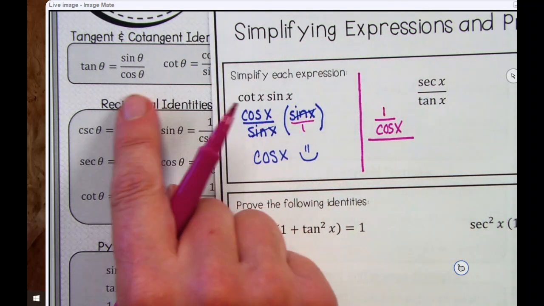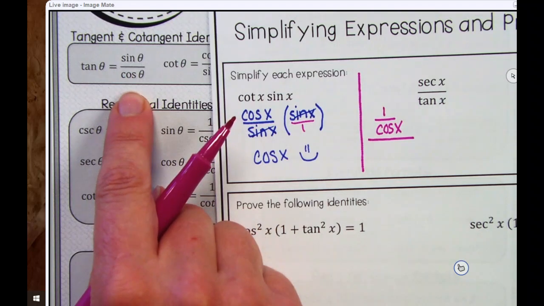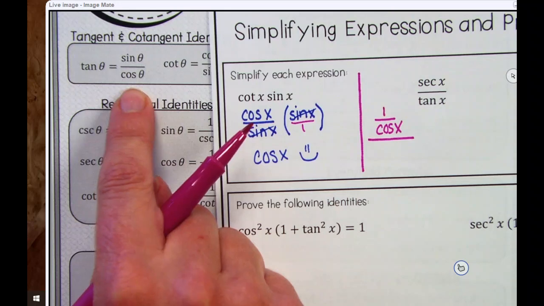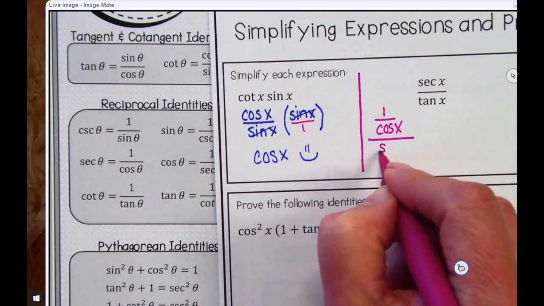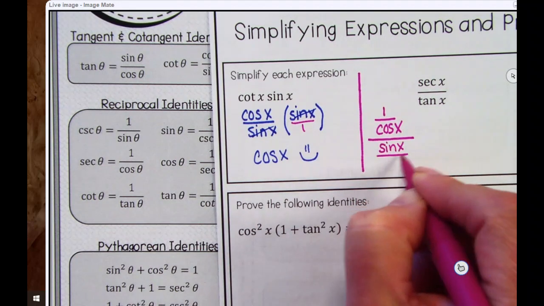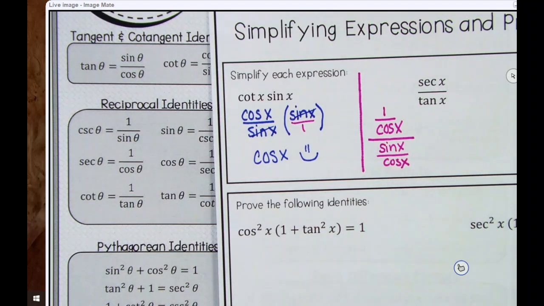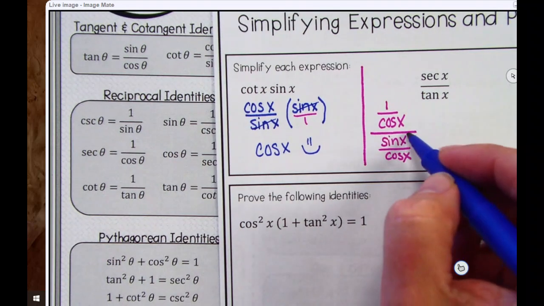Come over to my sheet. Tangent equals what? Sine over cosine. Now I've got a fraction divided by a fraction. How do I divide by a fraction? Flip and times.